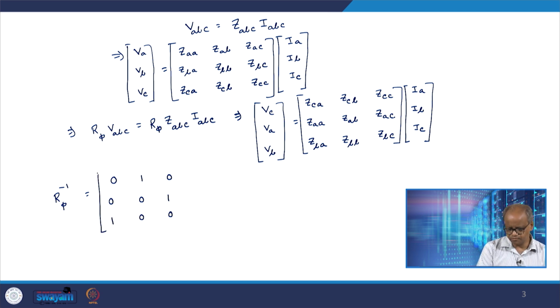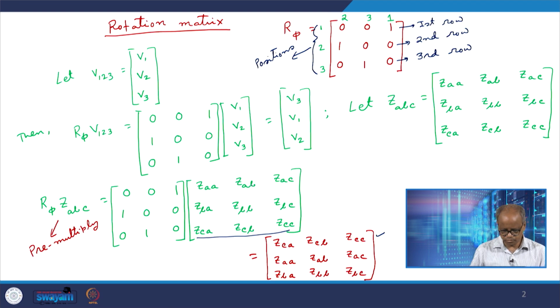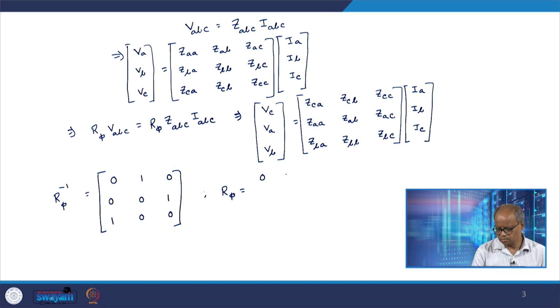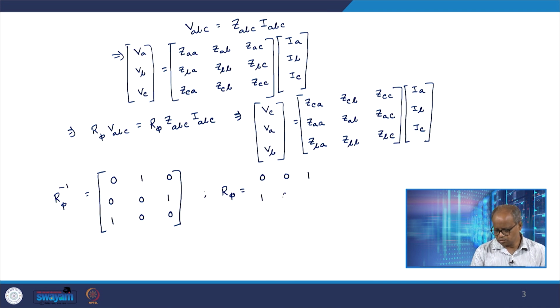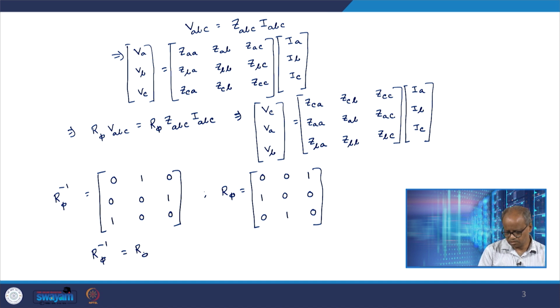So I can simply say that R phi inverse is nothing but R phi transpose. This is an important relation.